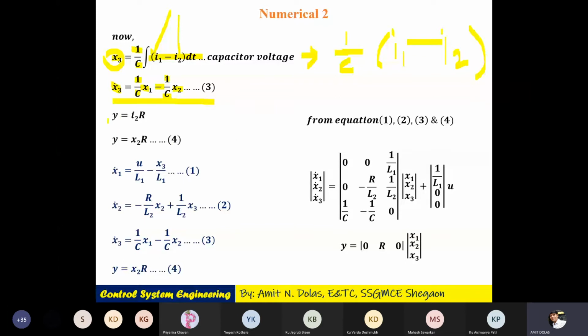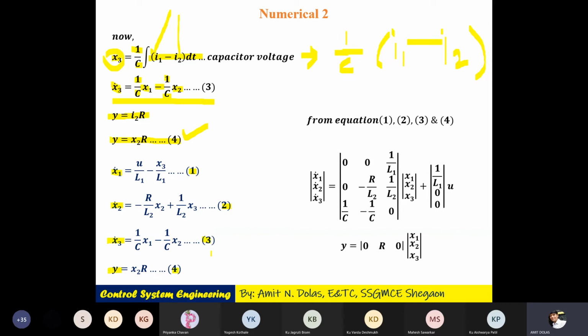And we know that y is equal to I2 R, which is y equal to x2 R. We already saw this. So we have a total of 4 equations. I have used these 4 equations on this PPT as well: x1 dot, this one; x2 dot, equation number 2; x3 dot, equation number 3; and y, equation number 4.